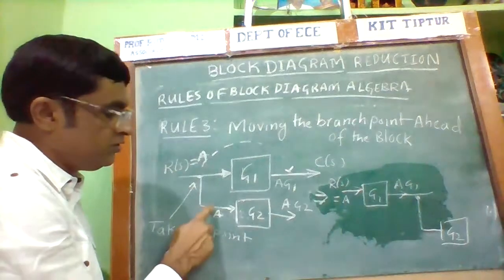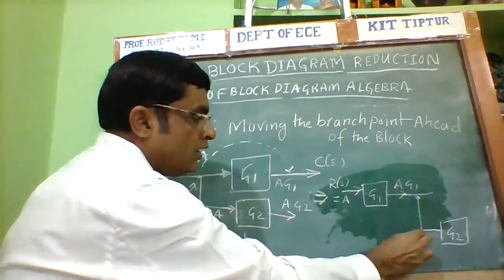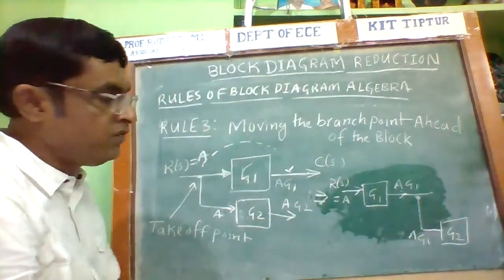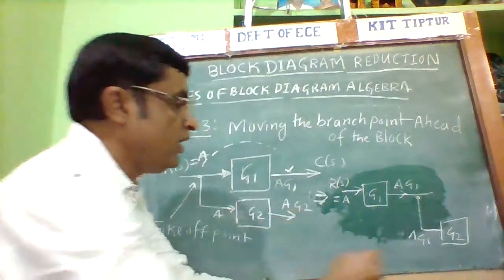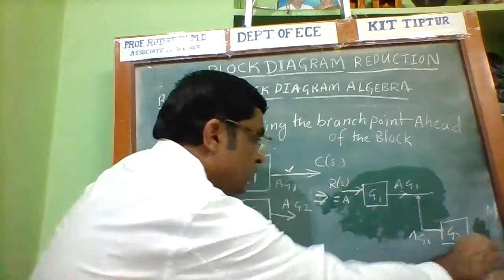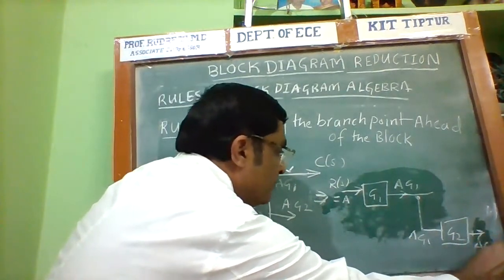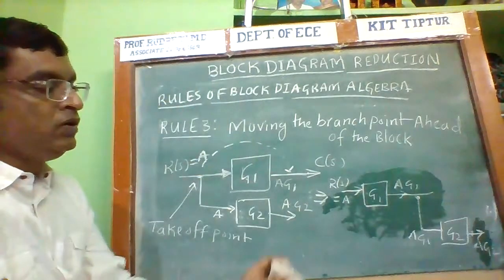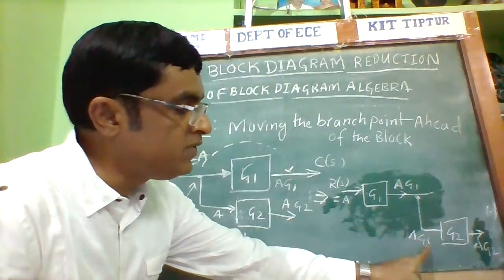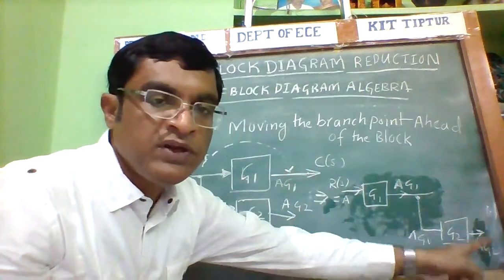The signal at this particular branch, I should expect A, but here getting A into G1. Therefore, output of the block, I should get A into G2. I must get A into G2, but according to this, we will get A into G1 into G2.